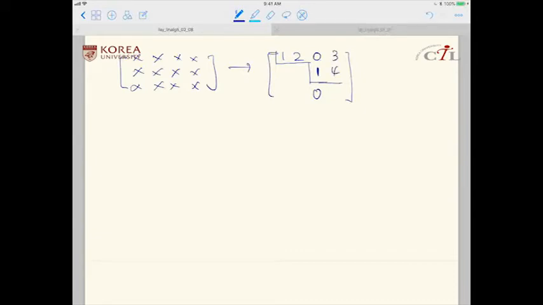Let's suppose this kind of case. Suppose we obtained this kind of echelon form, right? And then from here, let's try to represent the second vector.